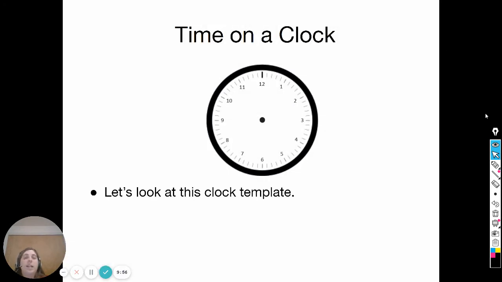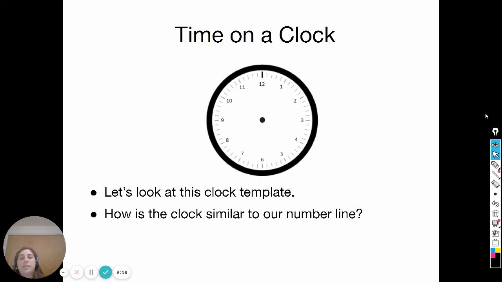So let's look at this clock template now. How is this clock similar to our number line? Go ahead and I'll give you a minute to type an answer to me in the chat, the GoGuardian chat. How is this clock similar to our number line?